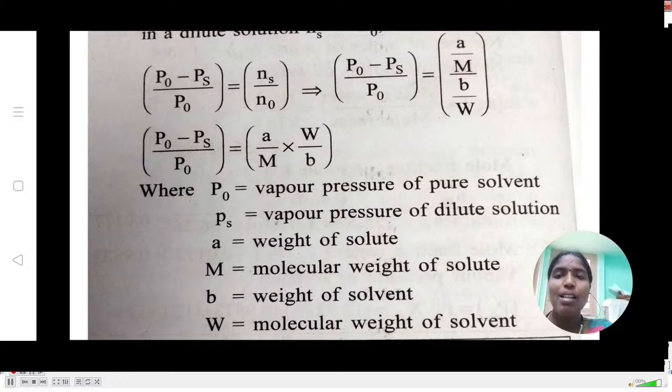So these six letters we must know when solving Raoult's law problems. Again, (P0 minus Ps) by P0 is equal to A by M into W by B. This is the Raoult's law formula.